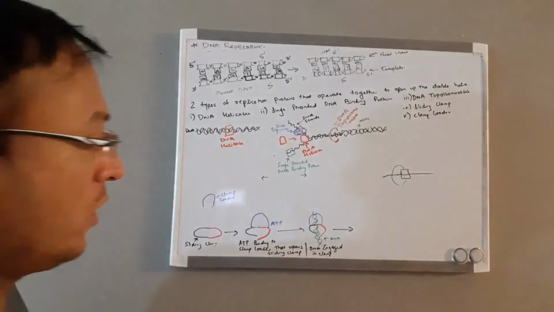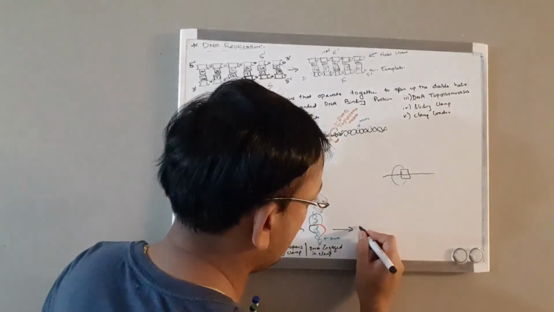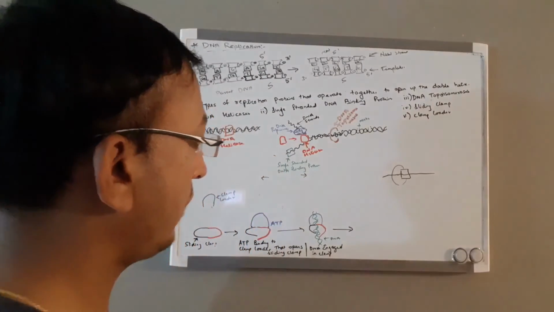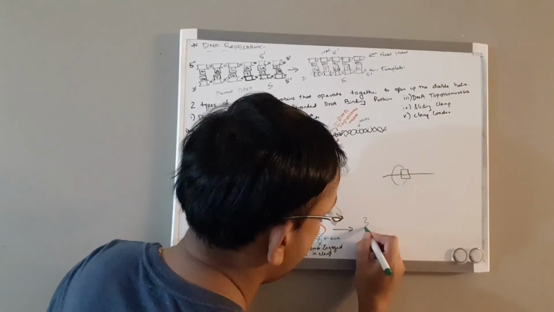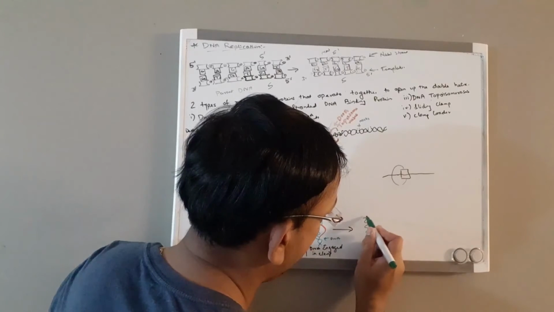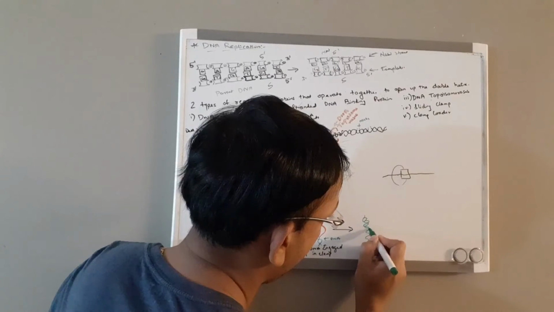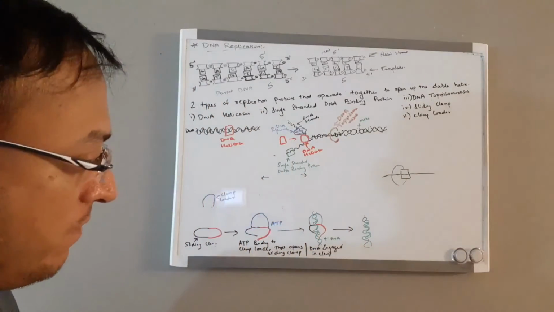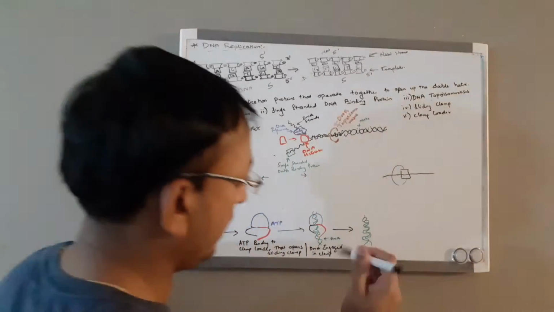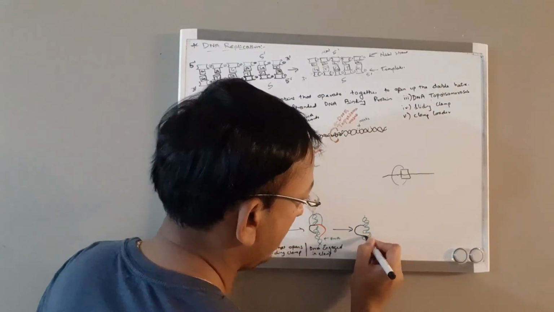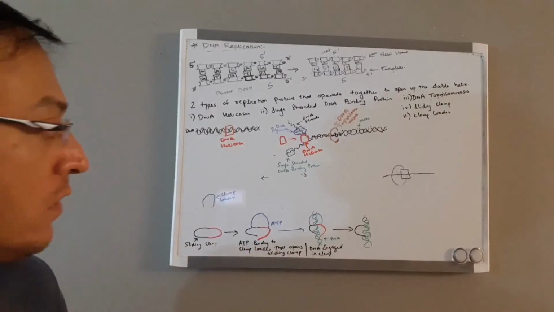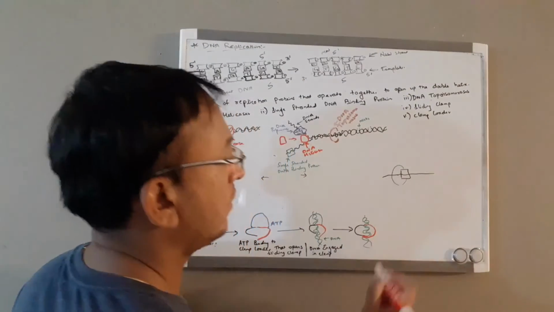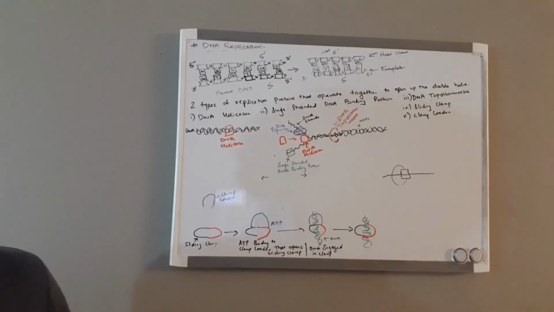So next step would be, all right, let me make first the DNA. Weird DNA, but whatever. So we have this. Now it's together.